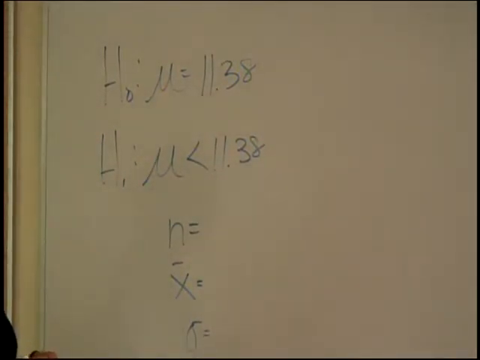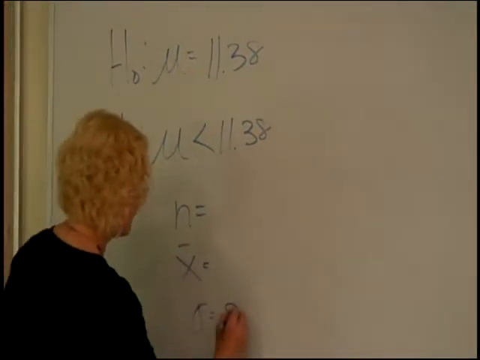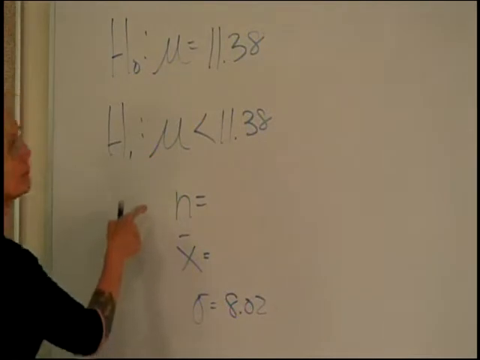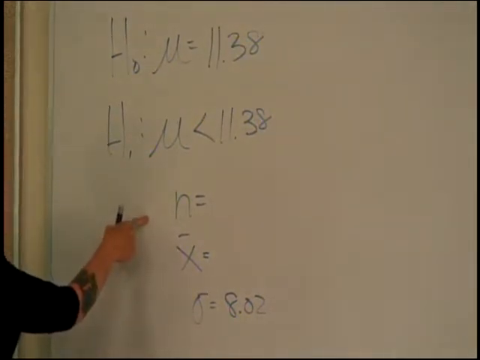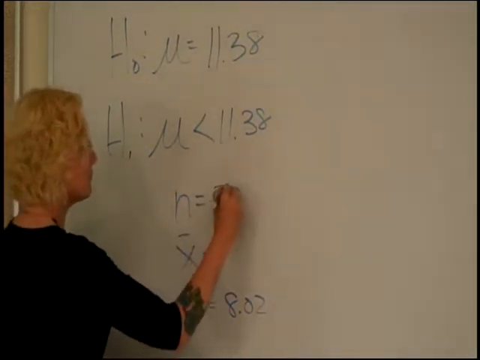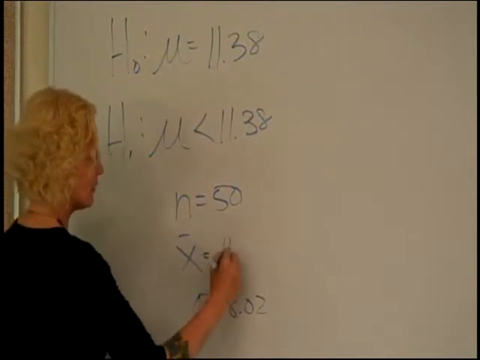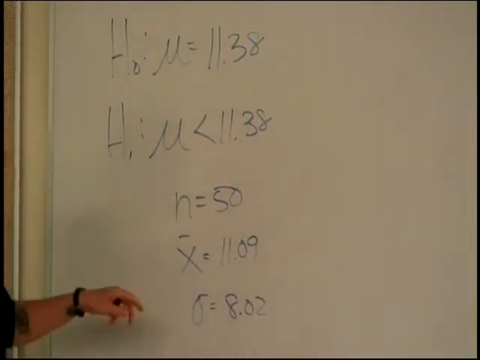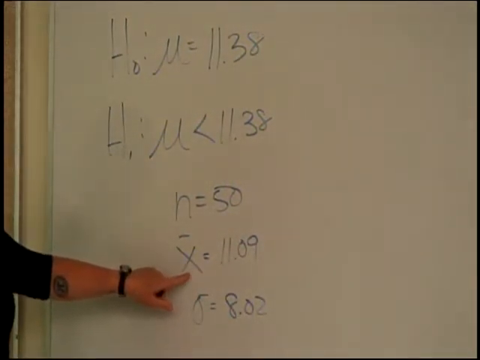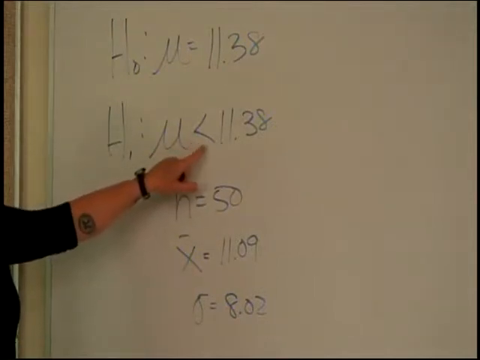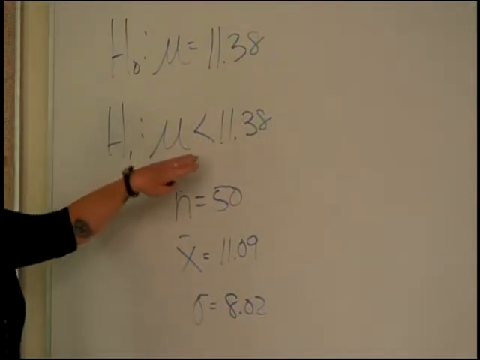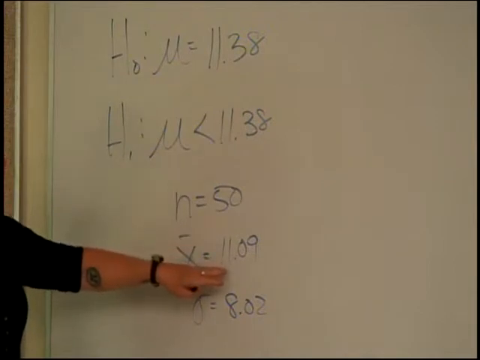But they're saying that came from all of the data. Okay. What was our sample size? 50? Good. Sample mean? 11.09.